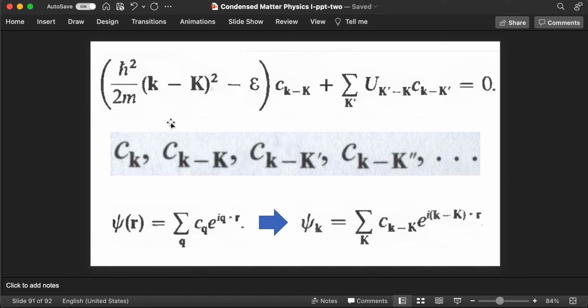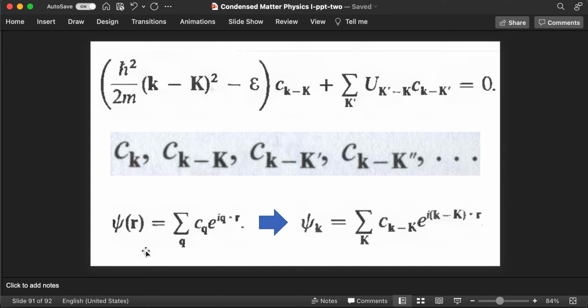Now, given this expression, for every value of small k you have these coefficients, c at k minus reciprocal lattice vectors, capital K prime, capital K double prime, and so on. You have such a set.